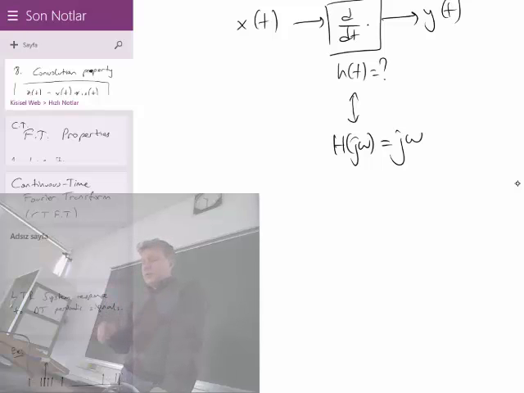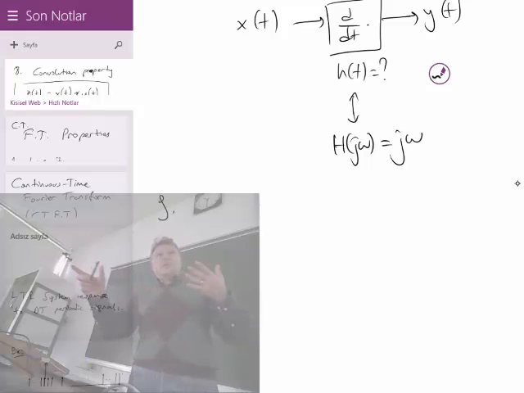But from the duality, we must proceed with the final property using the duality property and the convolution versus multiplication. You see, if you convolve in time domain, you have to multiply in frequency domain. But there's also duality. And it says the following.